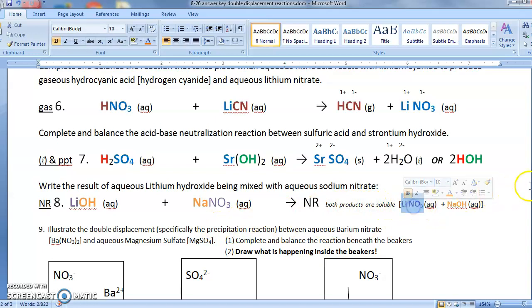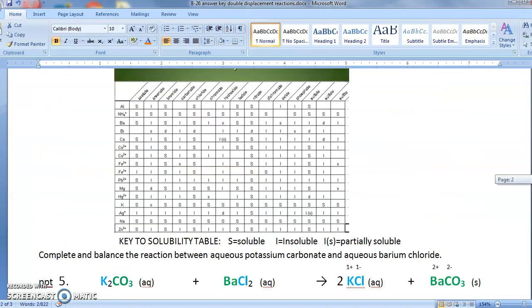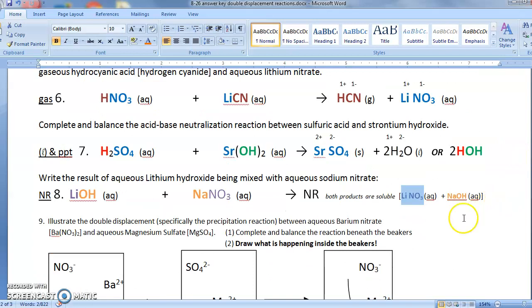The lithium nitrate, you may have not been able to tell. I can't even see if the lithium nitrate is on that chart. You might have had trouble knowing if it was soluble or insoluble, and I apologize for that. Hopefully you looked at another chart. But if you didn't, you now know that that would stay soluble.